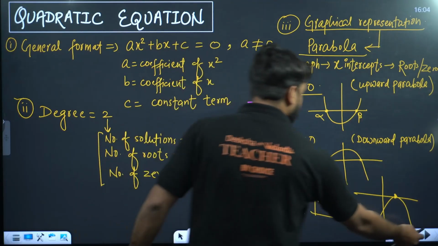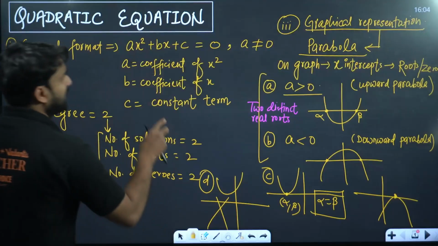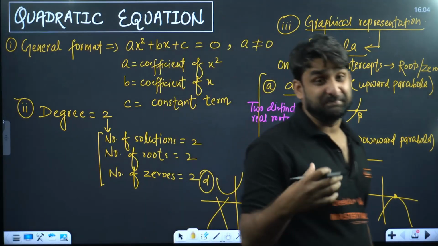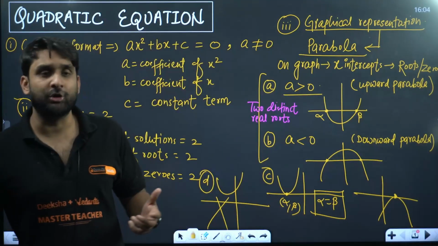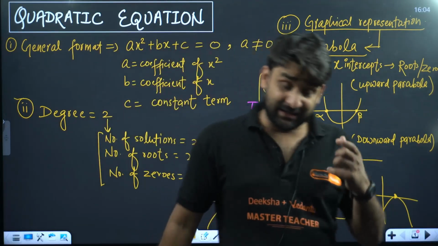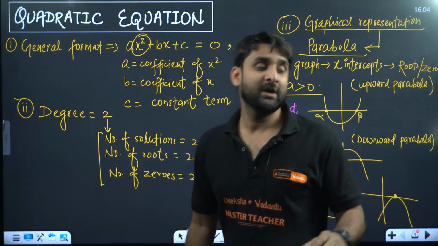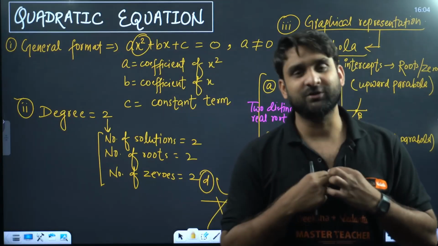Moving to next. Okay. So my dear champion, one more thing. To call any polynomial a quadratic polynomial, a quadratic equation, the condition is that the term x square must be there. If x square is there, then only we can say that the given equation is a parabola.